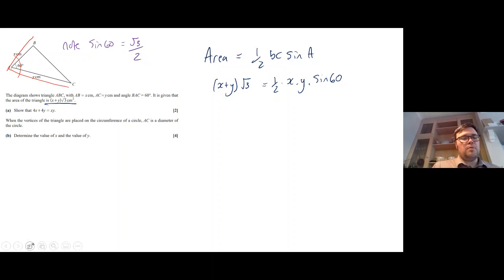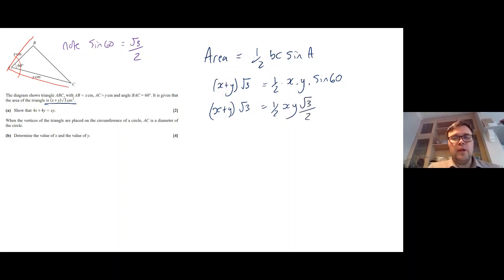Then we can just use that fact rather than putting it as a decimal, which wouldn't then cancel the root 3 on the other side. It's going to make it a lot easier for us to get the shown value. So we've got X plus Y, root 3, equals a half XY, and then root 3 over 2.